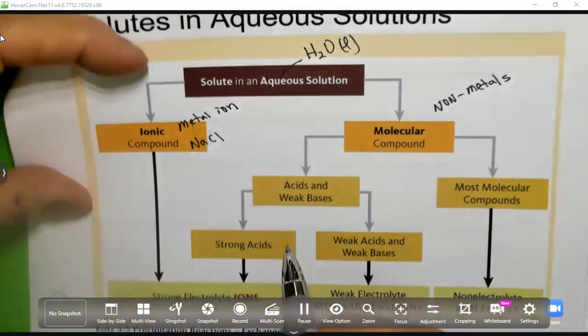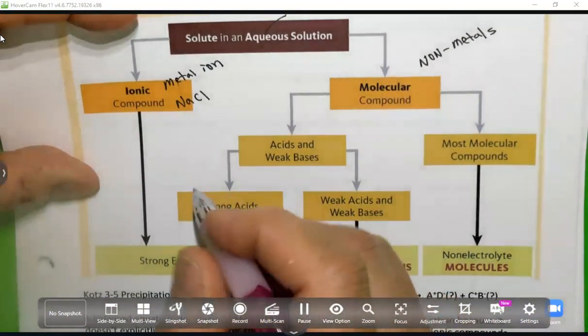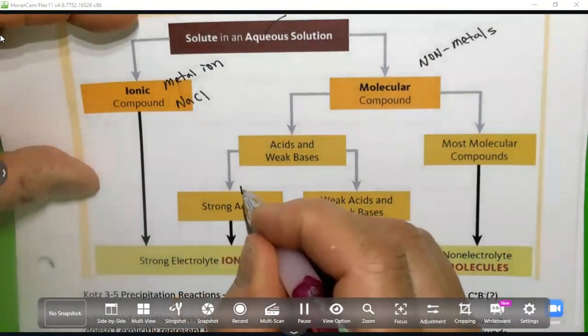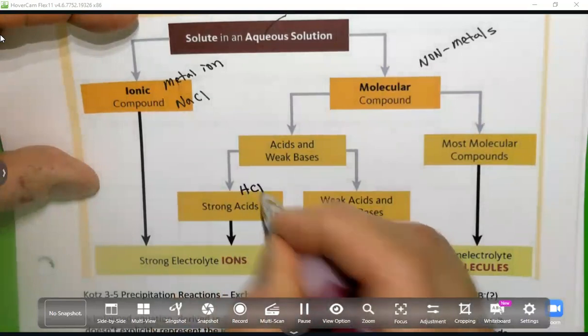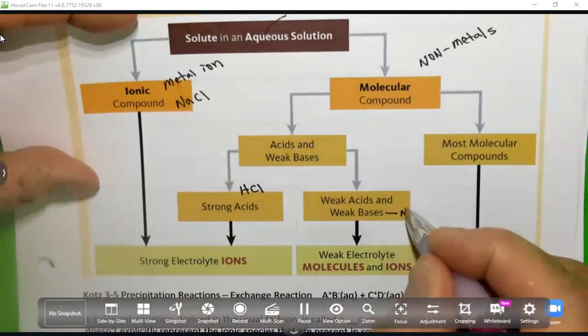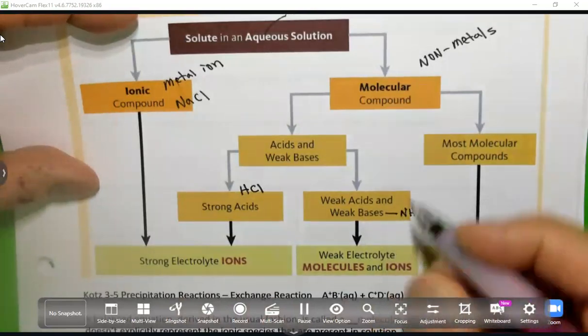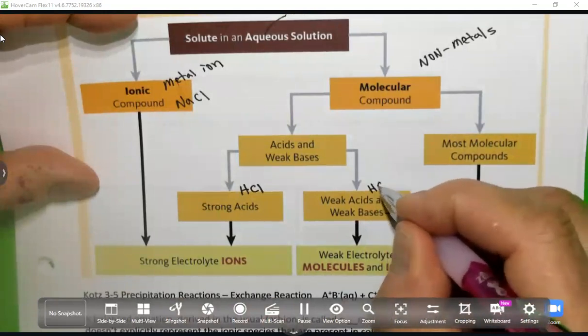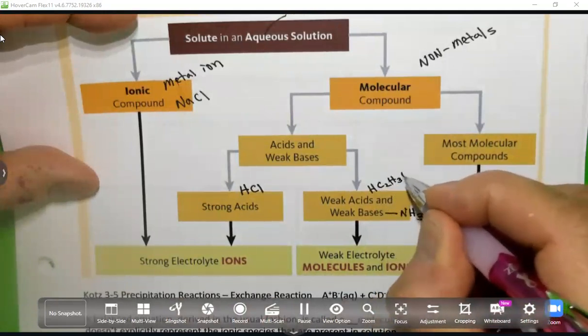So down here, strong acids, an example of this would be HCl. A weak base, NH3, or a weak acid, vinegar.